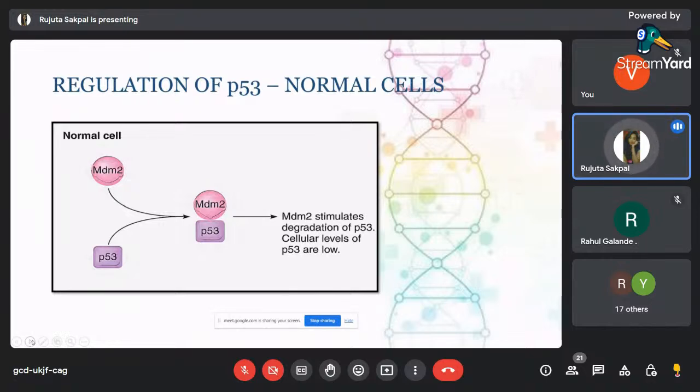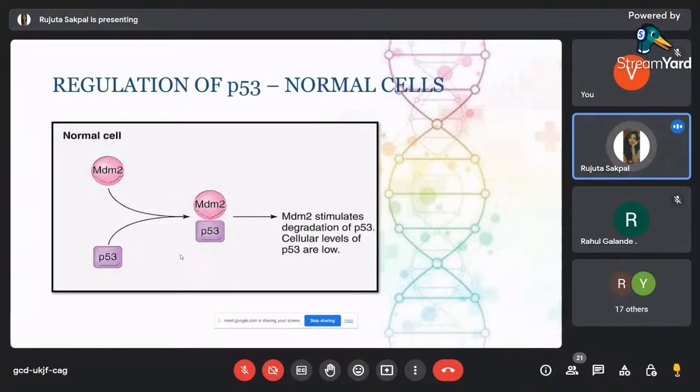In normal cells, MDM2 and P53 are both unphosphorylated, so they can bind together. After MDM2 and P53 bind, MDM2 degrades P53 and reduces its concentration. It is constitutively produced to check whether the cell has any type of stress or not.